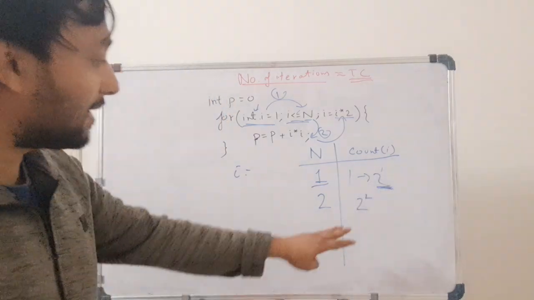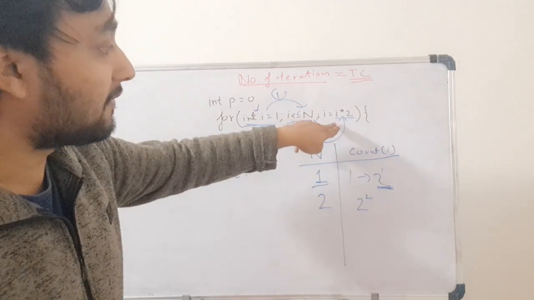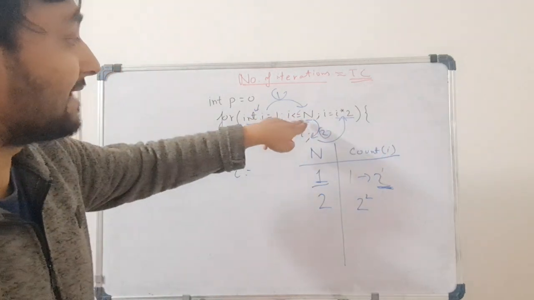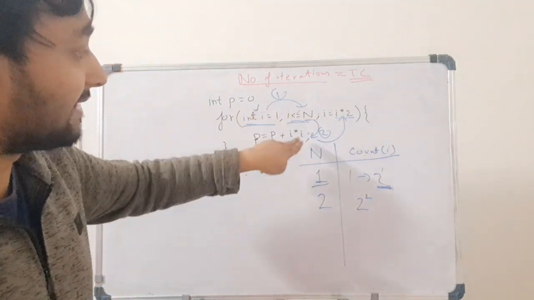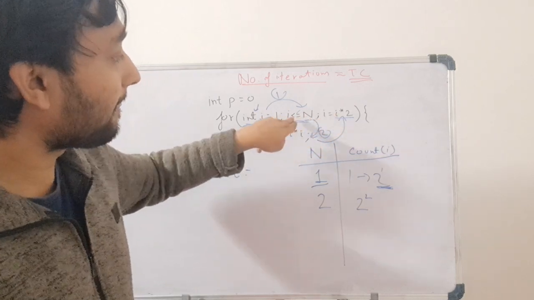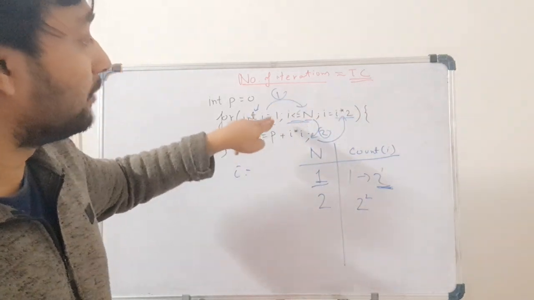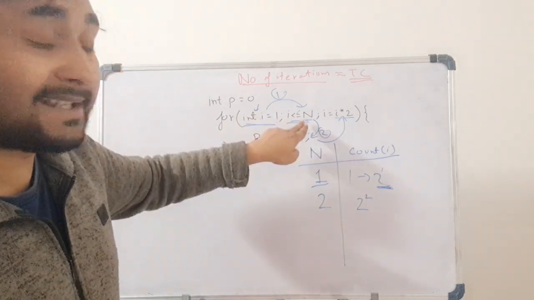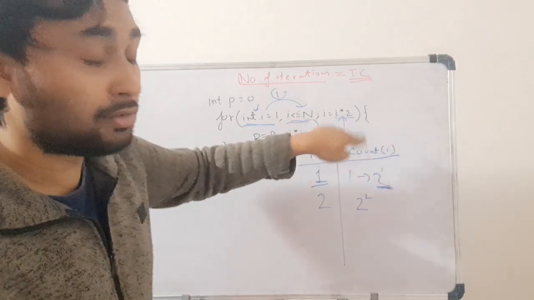Just try to understand what is going on. If I equals 1, it will be 1 into 2; 1 less than or equal to 2 condition gets satisfied, then it will execute the body part of the loop, and then I will be incremented to 1 into 2. Then again 2 equal to 2 condition gets satisfied, it will execute the body part, then it will do 2 into 2, which is 4.